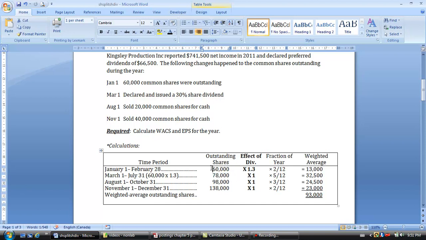But the shares that were outstanding here, even though they're included here, I have to multiply them by 1.3 because they're getting the benefit of that share dividend, right? So I have to multiply that by 1.3 because those shares are going to be subject to the share dividend. These already have the share dividend in them, so I don't need to multiply them by 1.3.